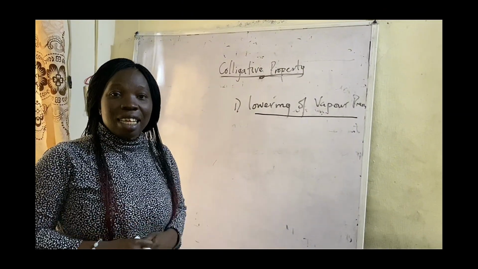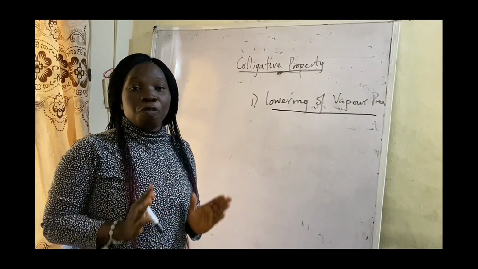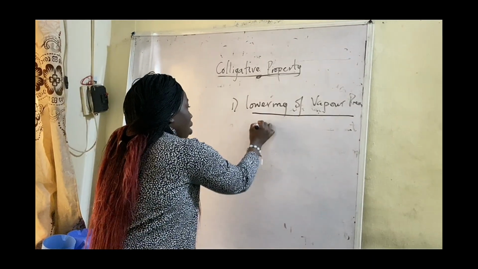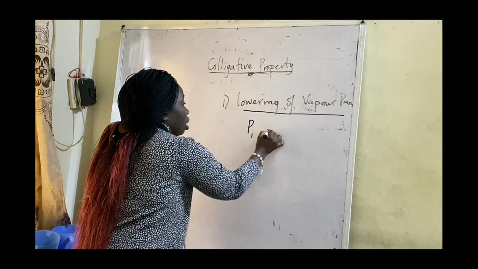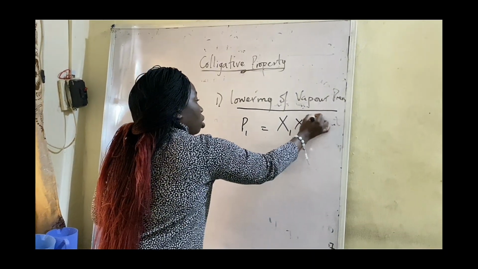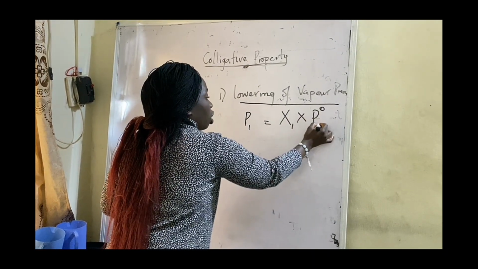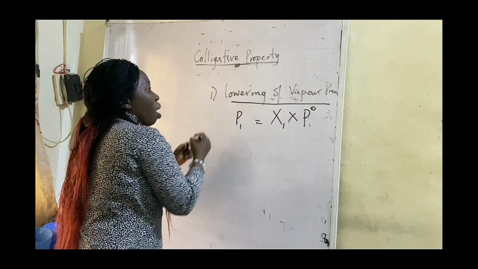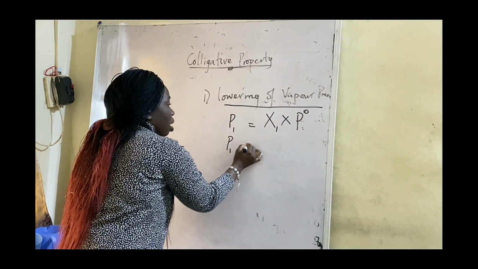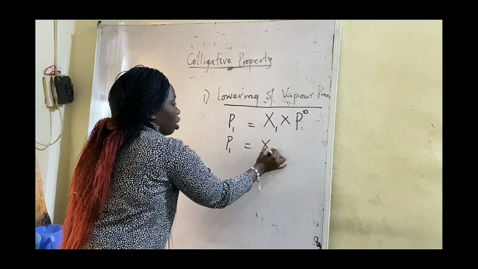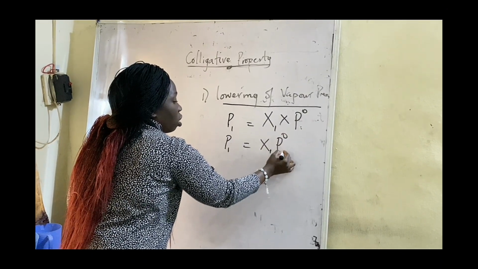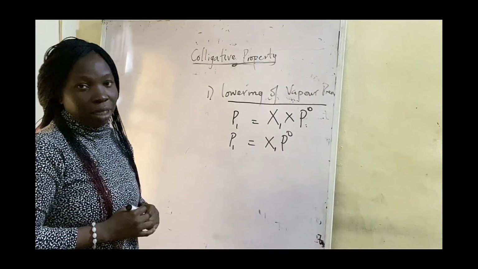Like we earlier said, an ideal solution follows Raoult's law. And this Raoult's law says that the partial pressure is equal to the mole fraction times the vapor pressure of the pure solvent. So for lowering of vapor pressure, we simply put P1 is equal to the mole fraction of 1 times P degree, the pure solvent.